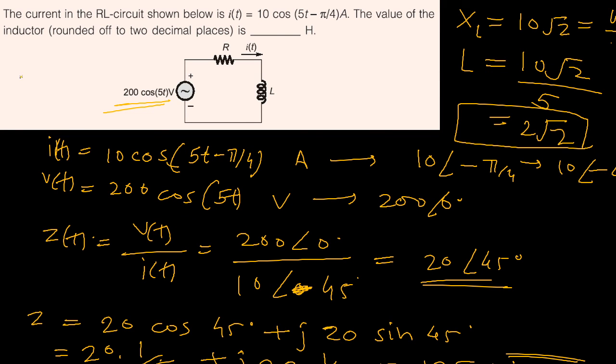So the answer is 2.828, right? So you can place 2.83 as the answer, because you have to round off this value. So 2.83 is the correct answer.